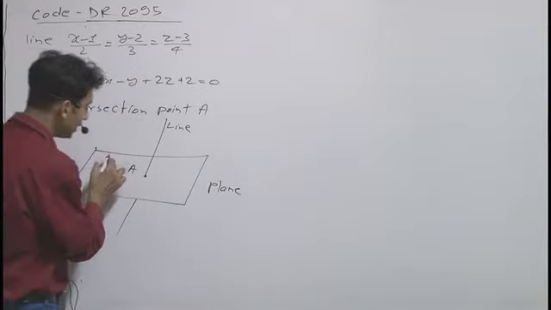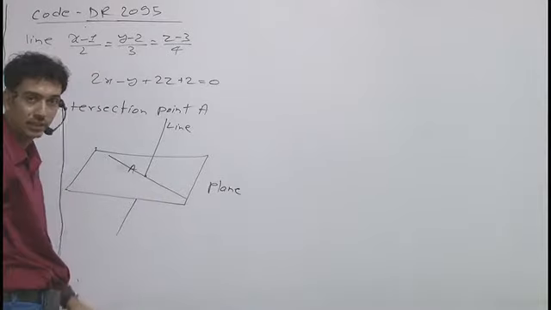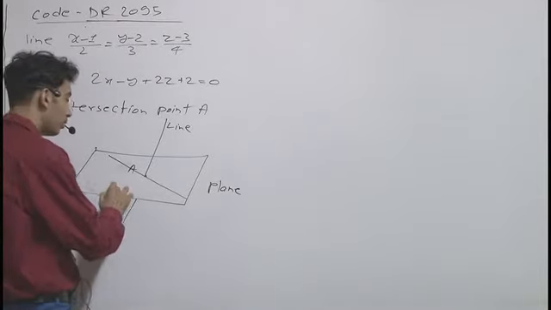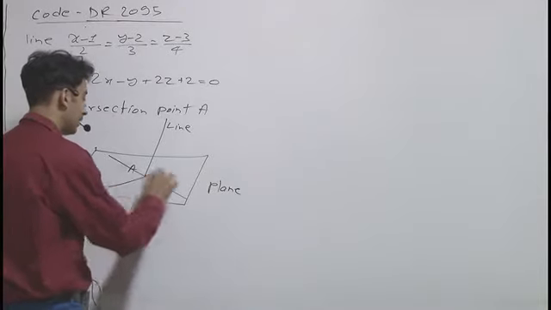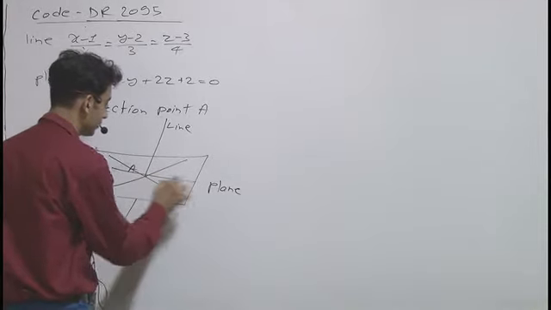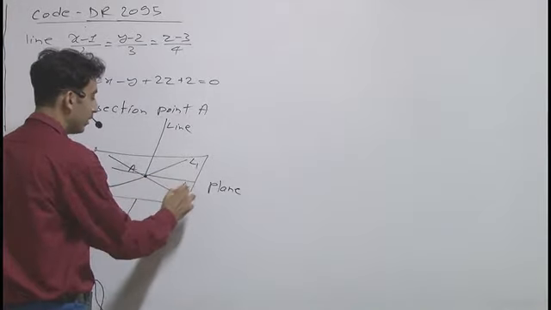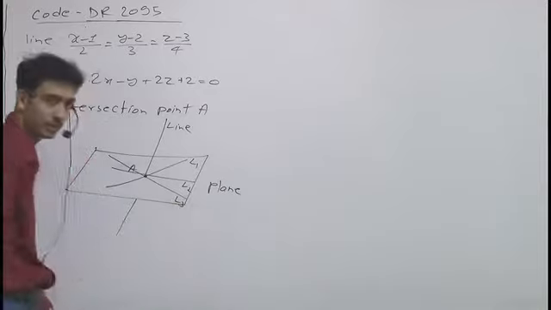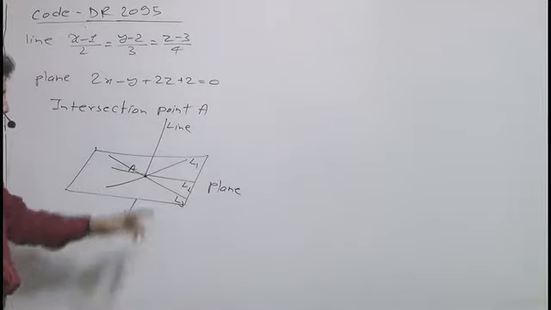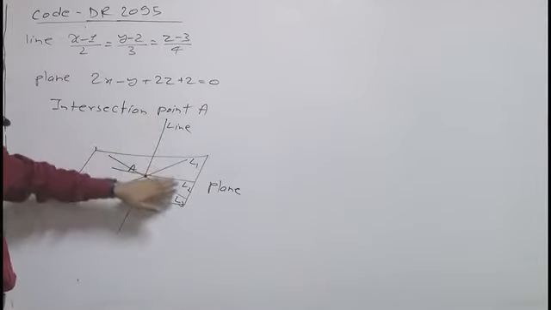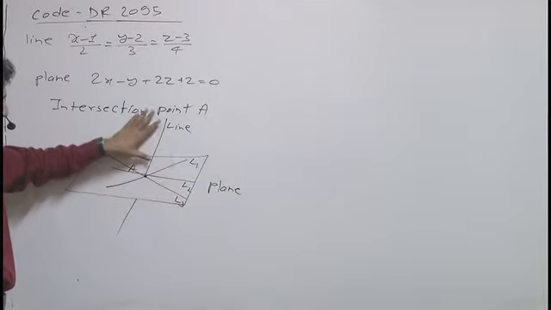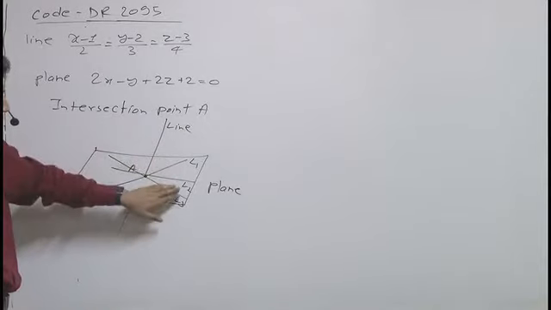There are so many lines which can lie in the given plane and pass through the point of intersection of line and plane, like this, this and this, namely L1, L2 and L3. If we want a line which lies in the given plane and has minimum inclination with the given line, we have to take the projection of the given line on the given plane.